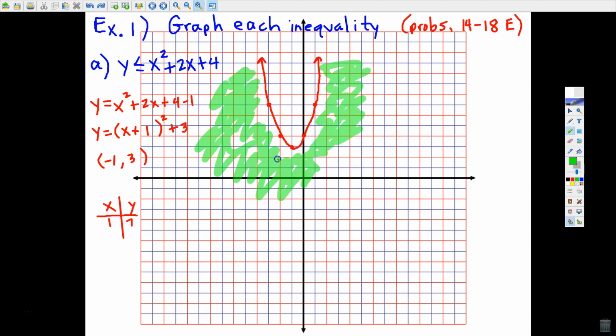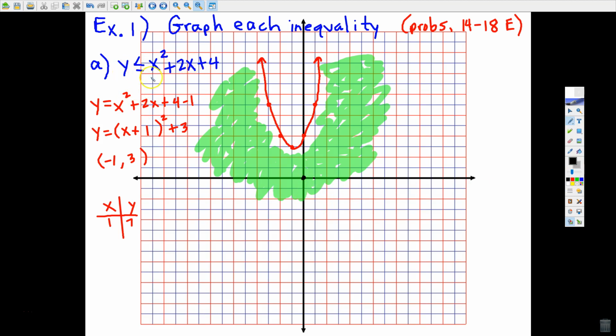And some people suggest, and I think it's a good idea, you can always make sure that you shaded correctly just by picking a point. Just pick any point in your shading and see if it makes this blue inequality a true statement. And a pretty easy point to use as a test is the origin, because x is 0 and y is 0.